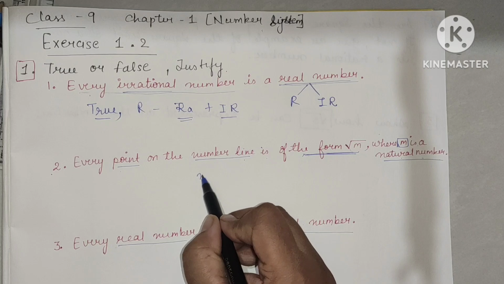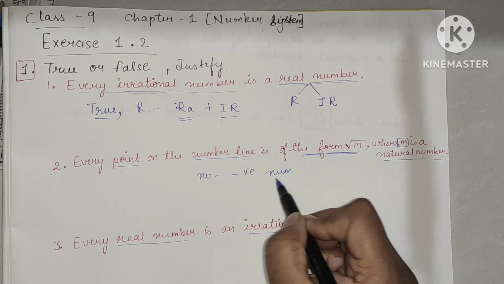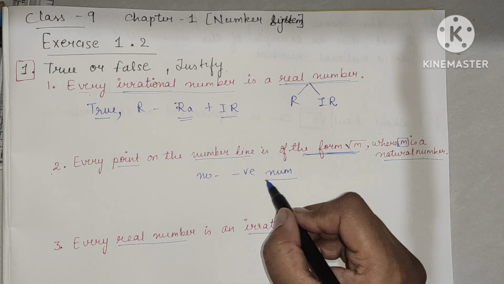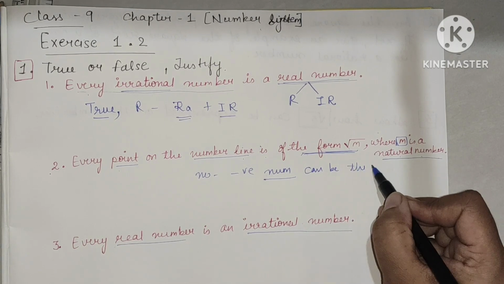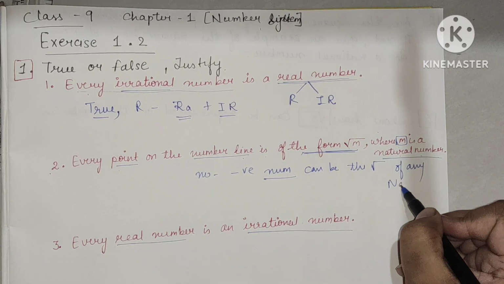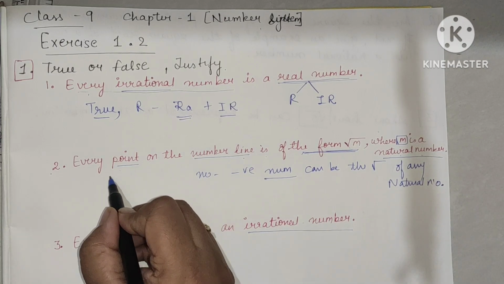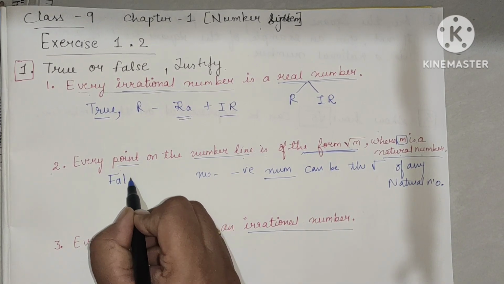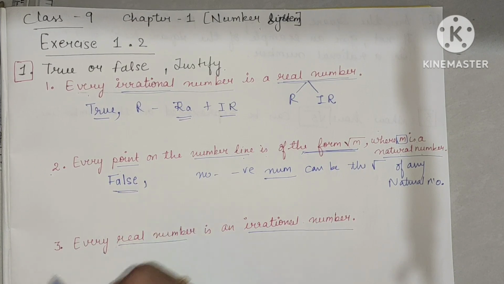Because no negative number can be the square root of any natural number. So the statement is false.